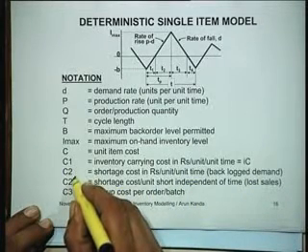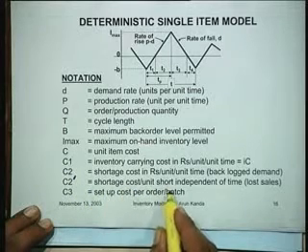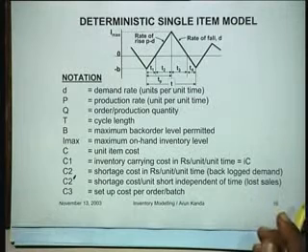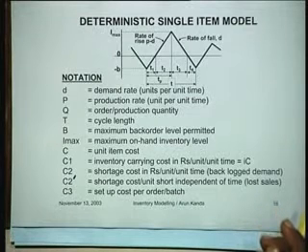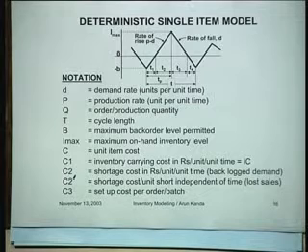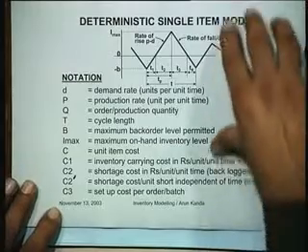This you can call C2 prime. C2 prime is the shortage cost per unit independent of time. So this is lost sales. So we are now modeling both the backlog demand as well as the lost sales together, right? C1, C2 and C2 prime. And C3 is the setup cost per order per batch.